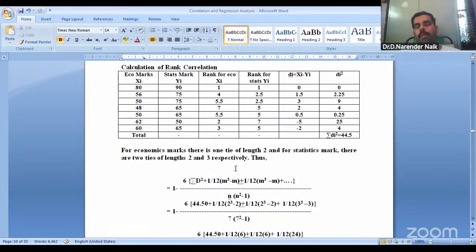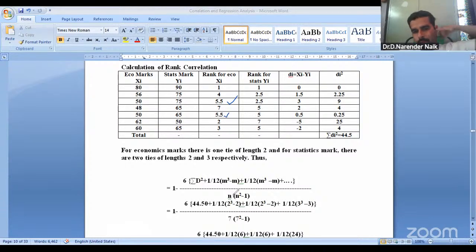Then in statistics marks, how many ties are there? 2 and 3, so m cube minus m. Sorry, this is another important point. My dear students, observe carefully. In economics, 2 ties, 5.5, 5.5.